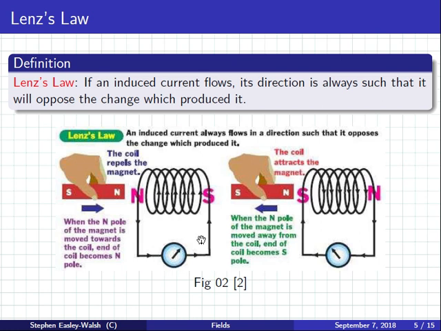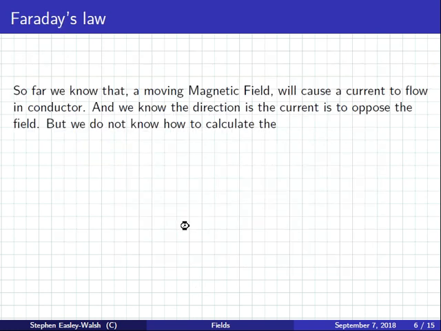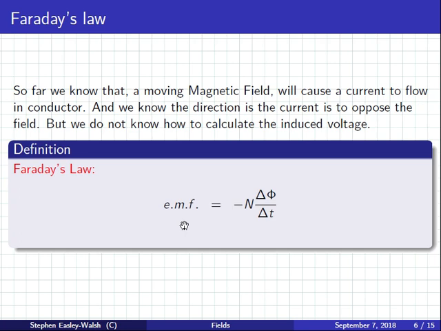Faraday can tell us the volts. So Faraday said, this is the formula for calculating the volts. It's the change in the flux over the time multiplied by minus N. But the minus is only for the direction. So if the magnet goes in, the voltage comes out. That's the only reason for the minus.